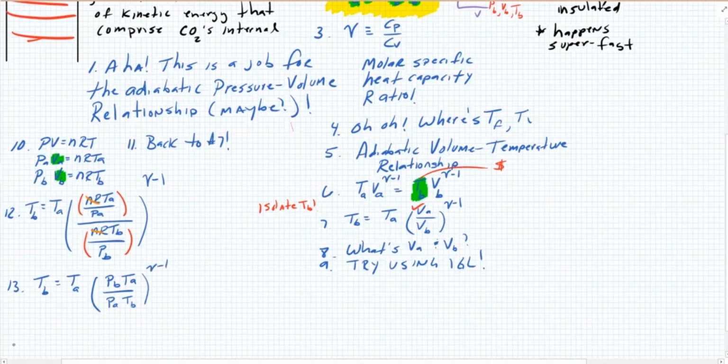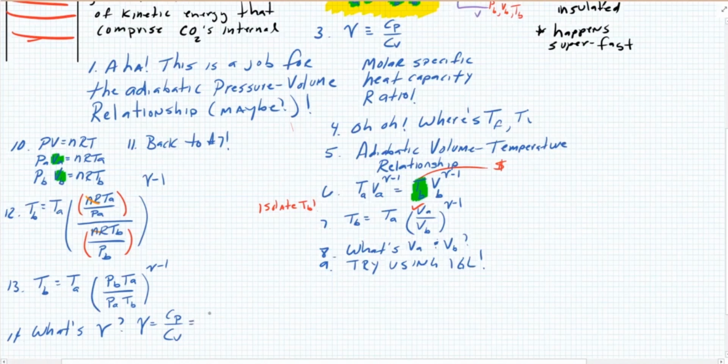Okay, number 14. What's gamma? The answer is gamma is defined as CP over CV. Now watch it. CP is the molar specific heat capacity at constant pressure.